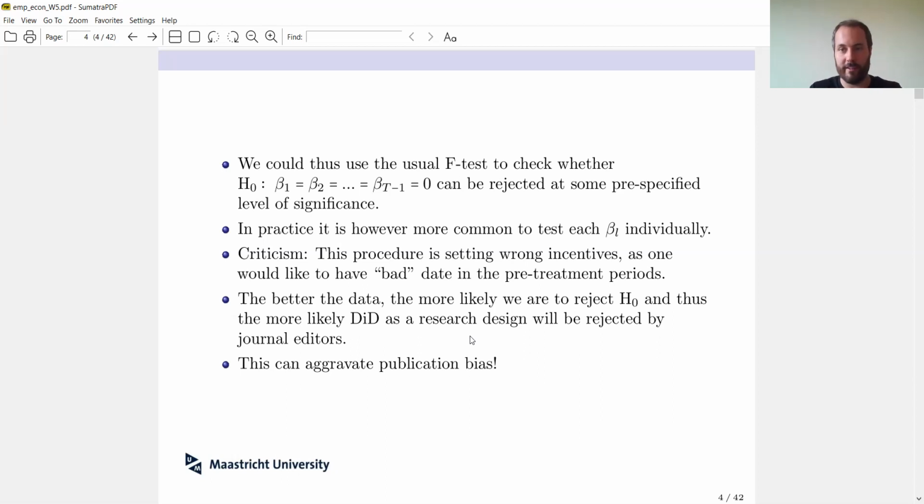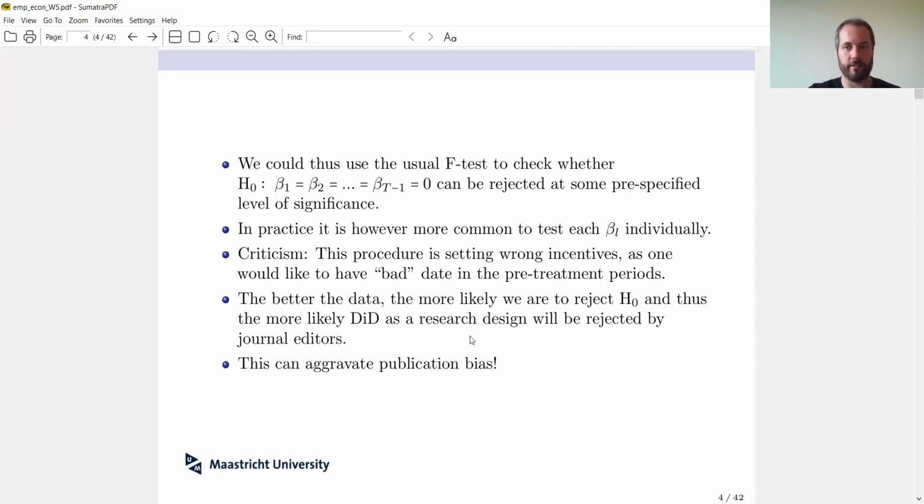But of course, there's a selection of papers that get published because of that. And therefore they do not represent the actual relationship that we have in the population. And so that's called publication bias because we have a selection of results that get published and the results are therefore not representative of all the results that could have been obtained.